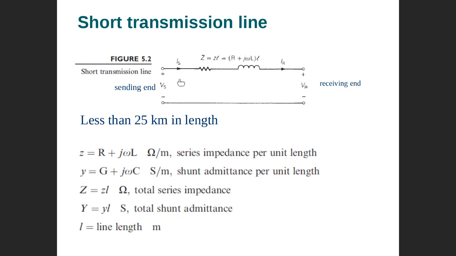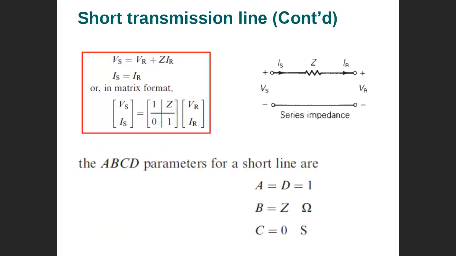Now we can relate VS with VR, sending end with the receiving end. How do we relate them? We relate them in this way. Here we have Z, therefore VS equals VR plus I times Z. Now Kirchhoff voltage law, KVL.